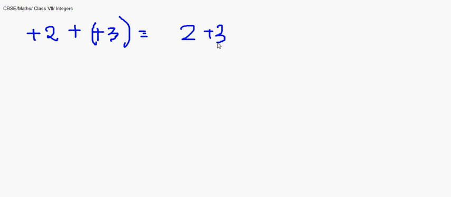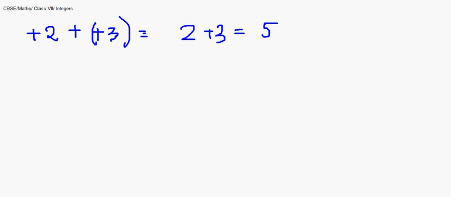When you are given to add two integers of like signs, that means if I am given plus 2 plus of another number which also has a positive sign, you simply add the absolute values. The absolute value of plus 2 is 2, the absolute value of plus 3 is 3, so that makes it plus 5, or you can simply write 5.